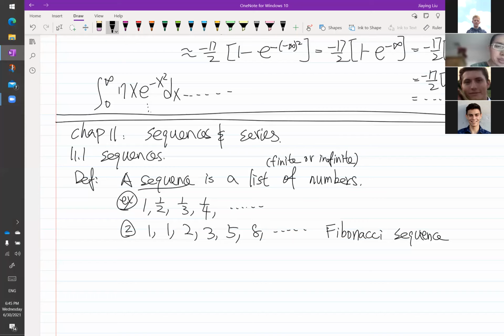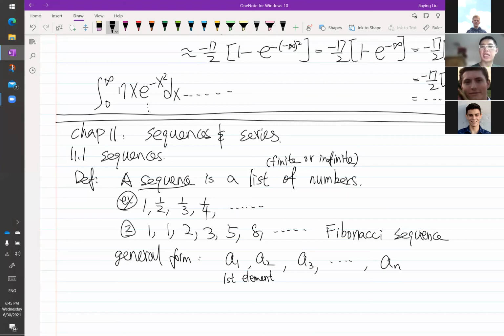So that's a sequence, and then the next thing is the general form. We usually write a sequence as A1, meaning the first term, the first element. A2 means the second element. A3 means the third element, and so on. We may end up at n, so an is the nth element.